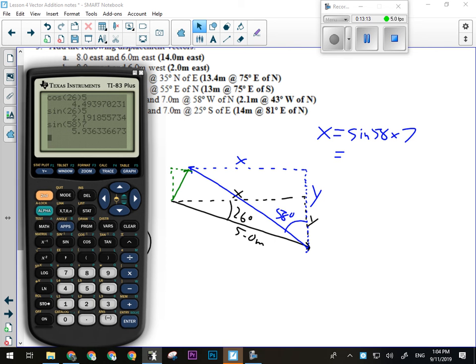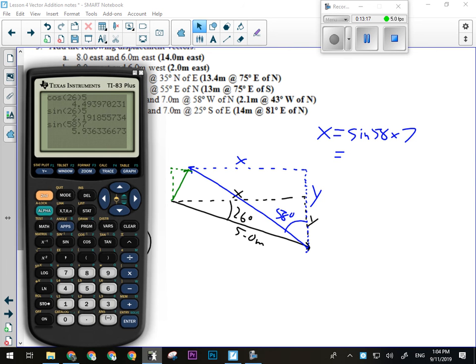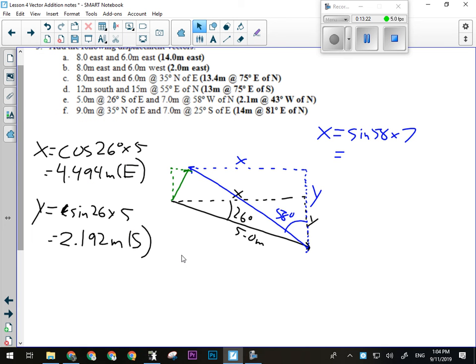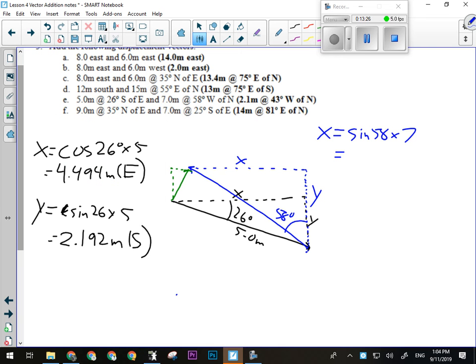According to my diagram, black x is bigger than blue x, but according to my calculator, blue x is bigger than black x. So I'm going to write that number down, but I'm going to remember it this time: 5.936 meters west. I didn't draw this right, so I'm going to get rid of my green triangle because I know it's wrong.